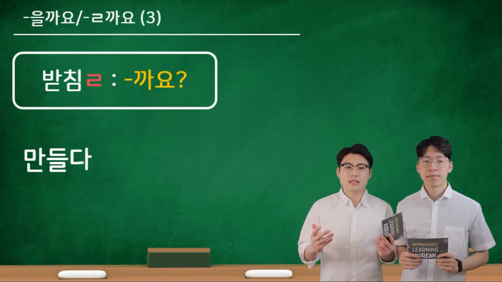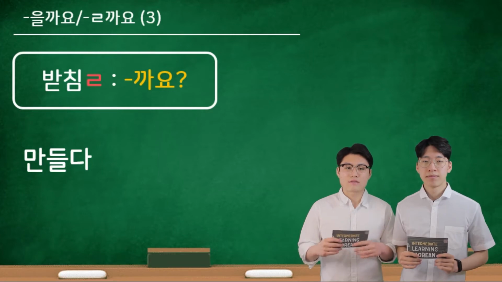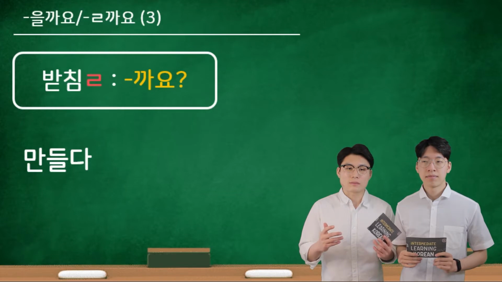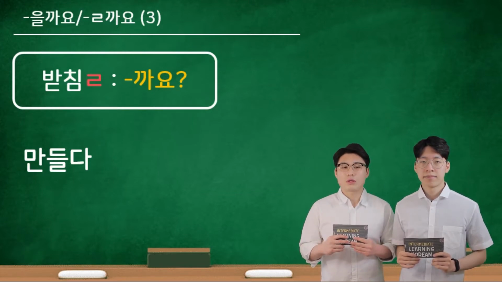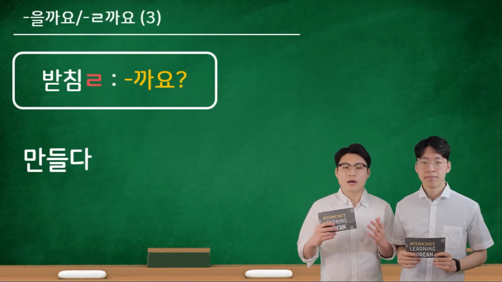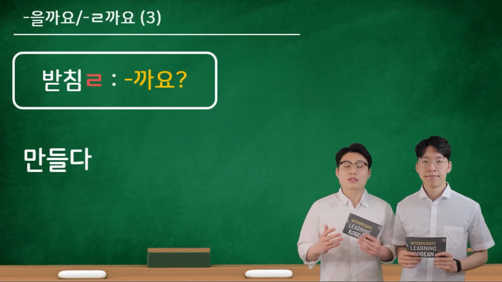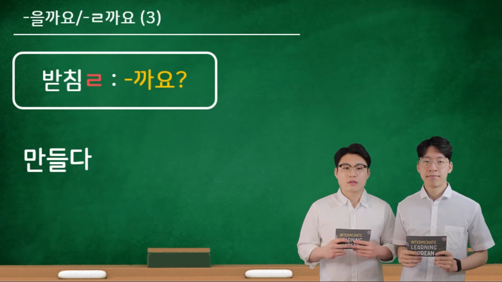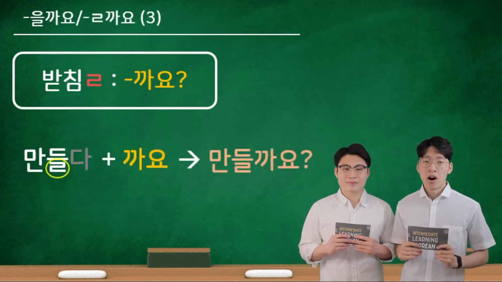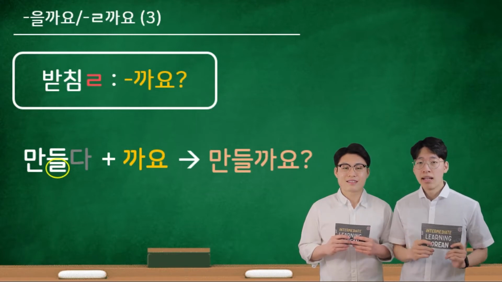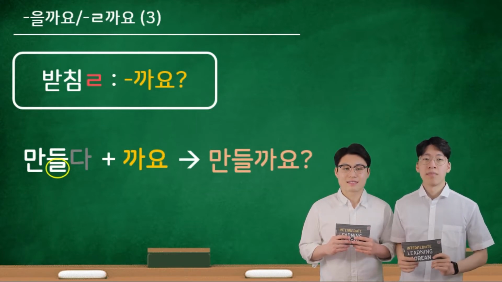Originally, it was said that if there is a final consonant in a verb and an adjective, we use 을까요. Only if there is a final consonant 리을, we only need to use 까요 after the verb and an adjective. So it becomes 만들까요. Oh, after reviewing, I remember what we learned last time.